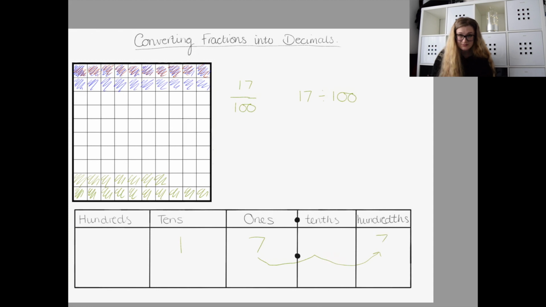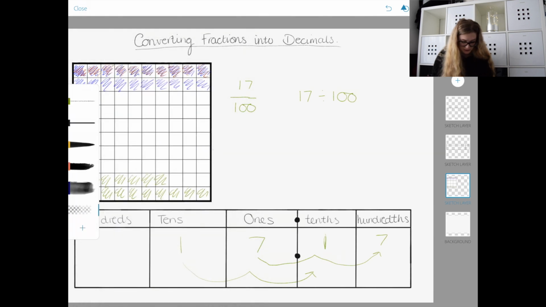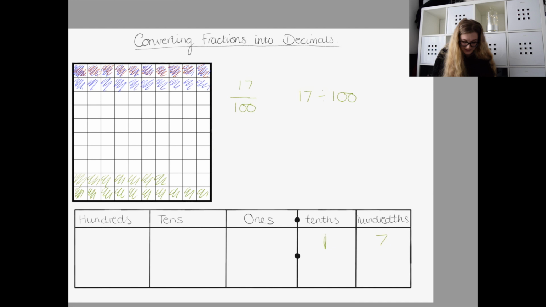My 7 goes into my hundredths. 1, let's move it 2 place value columns. 1, 2. My 1 goes in the tenths. Now what I can do is I can rub out my 17 that were in the tenths and the ones. And I need to make sure in my ones column I put my placeholder, my 0. So what this equals is 0.17.